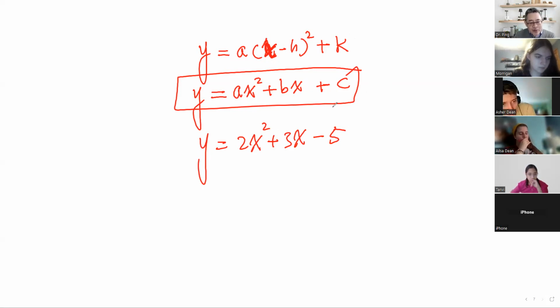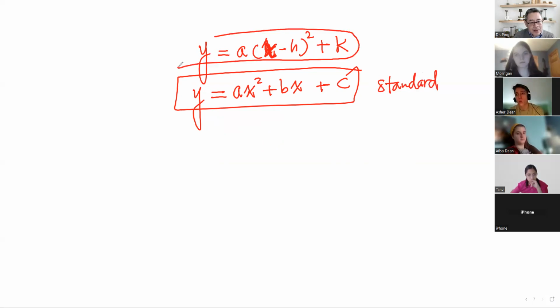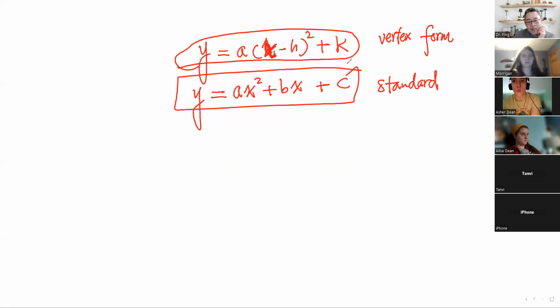Well, we have to do some algebra here. What we know is, even though we have two different forms, this one is called standard and this one is called the vertex form, we're talking about the same function. That means we're going to have the same graph. So if you give the same x, we should have the same y.